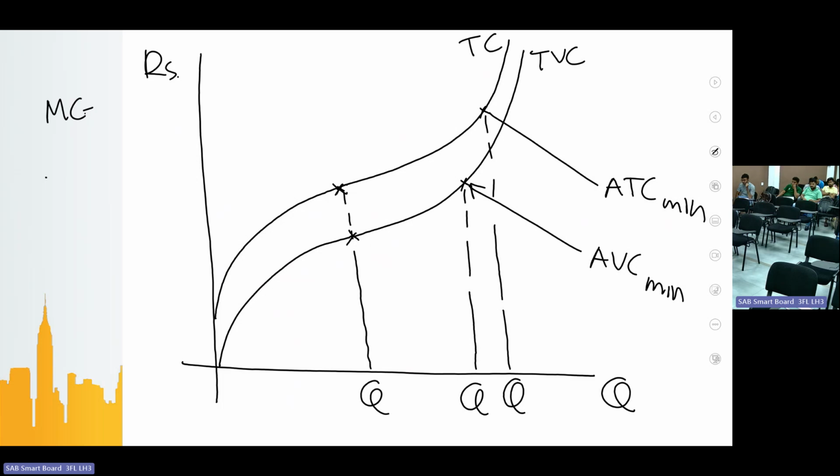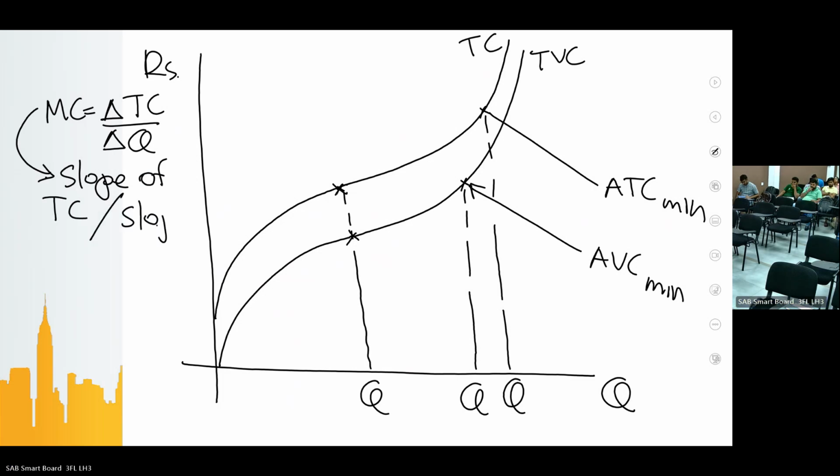MC is delta TC divided by delta Q. MC is the slope of TC or the slope of TVC. Because MC, marginal cost, arises only because of changes in output.